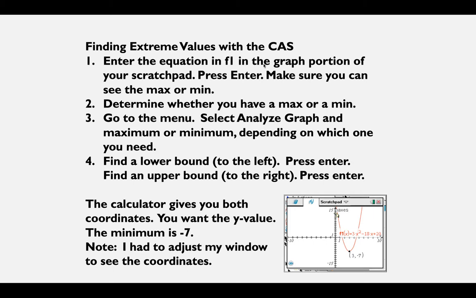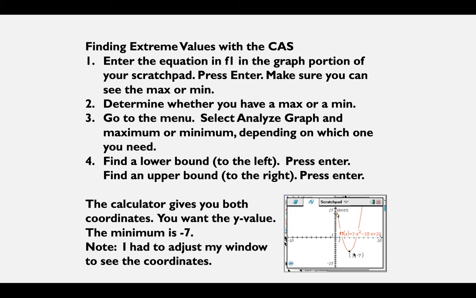You're going to go to analyze graph. You need to tell the calculator whether you want a maximum or minimum. You just look and see what you have and see which one you need. And you're going to do the same process we did when we were finding intersecting points of two functions. You're going to pick a lower bound and then go to the right until you pass the maximum or minimum, and then you'll pick an upper bound, and then you'll press enter.